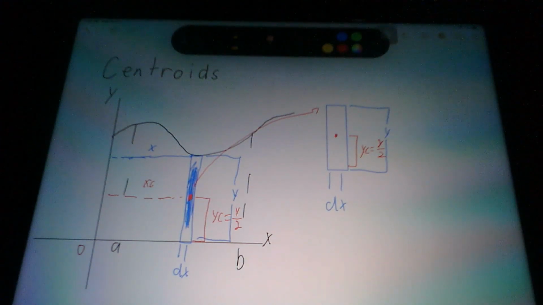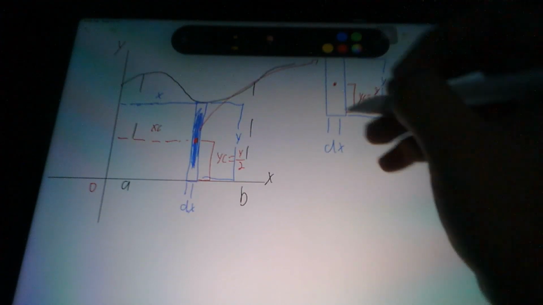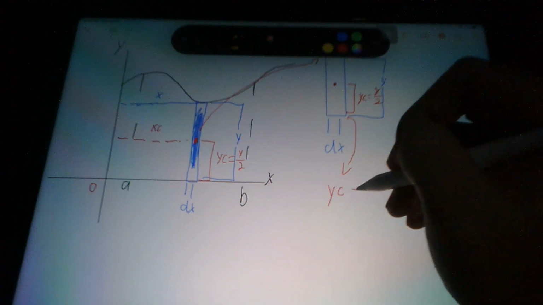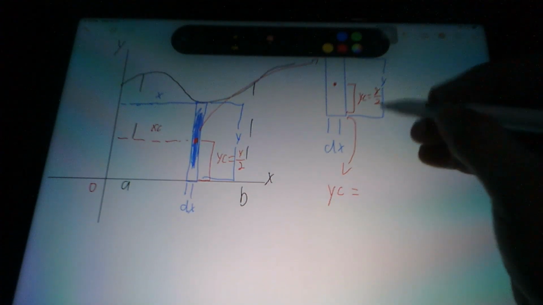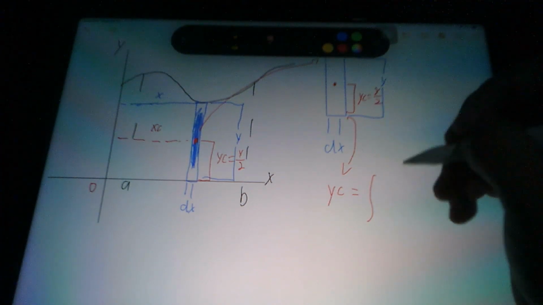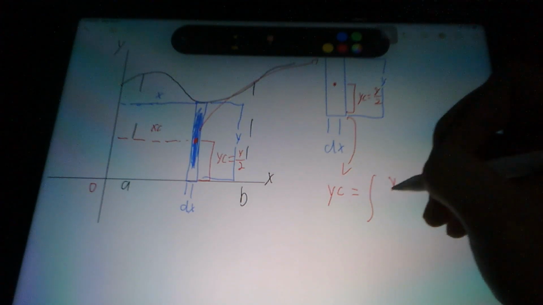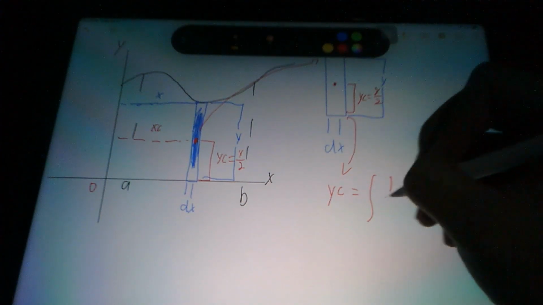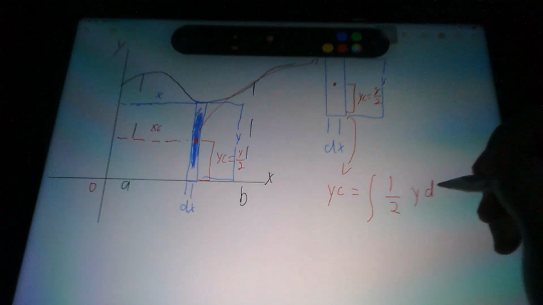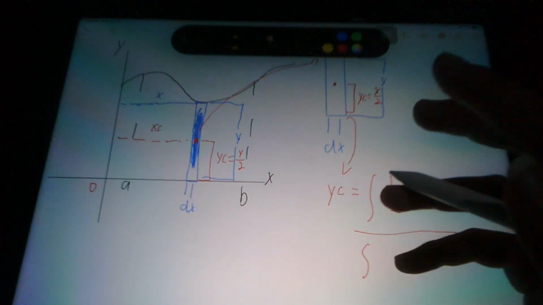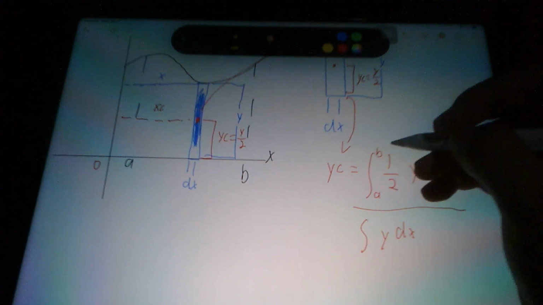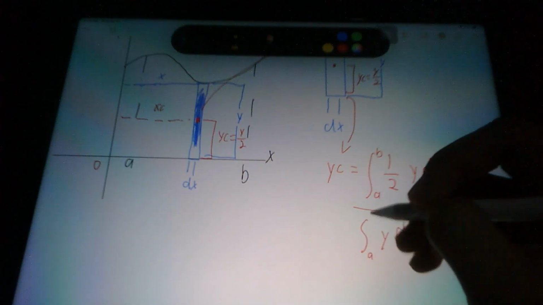Now if we are about to derive the formula from this illustration, yc is equal to the integral of 1/2 y dx over the integral of y dx, with limits from a to b.